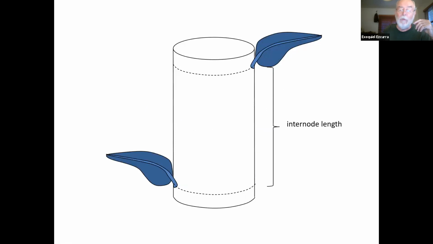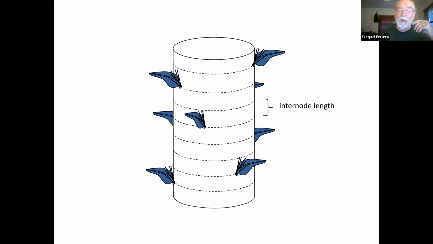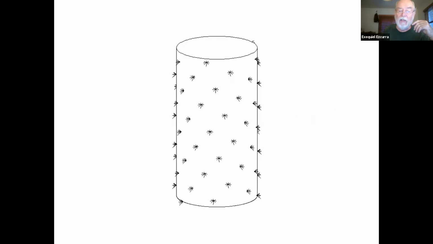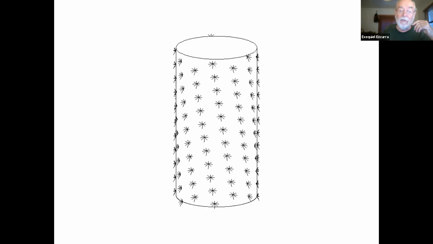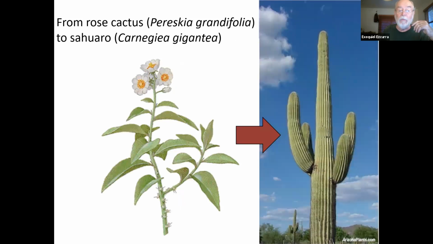You can see a normal plant with long internodes. If you start reducing the internode and also reducing the leaves, we start acquiring very rapidly the shape of a cactus, like a cholla cactus, or even, if the angle of formation varies a little, like the saguaro cactus with ribs.